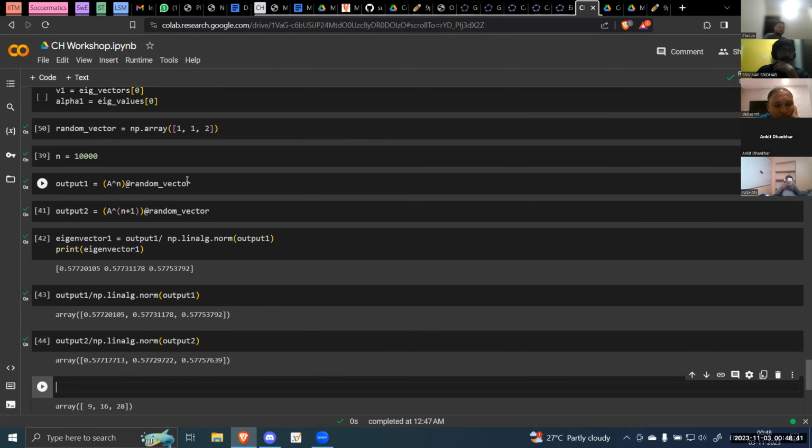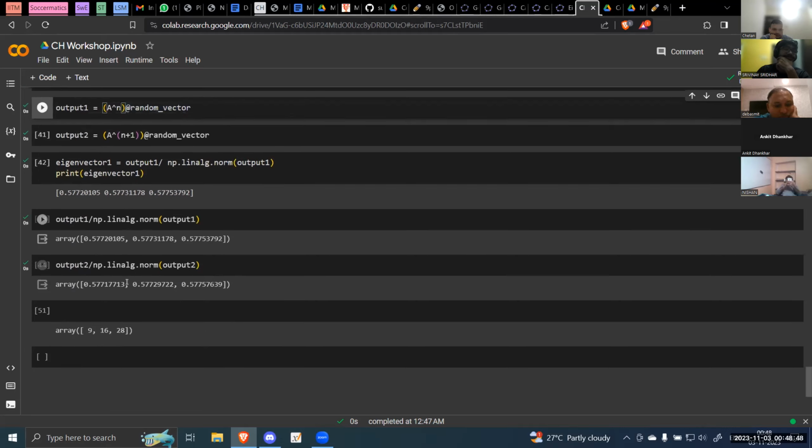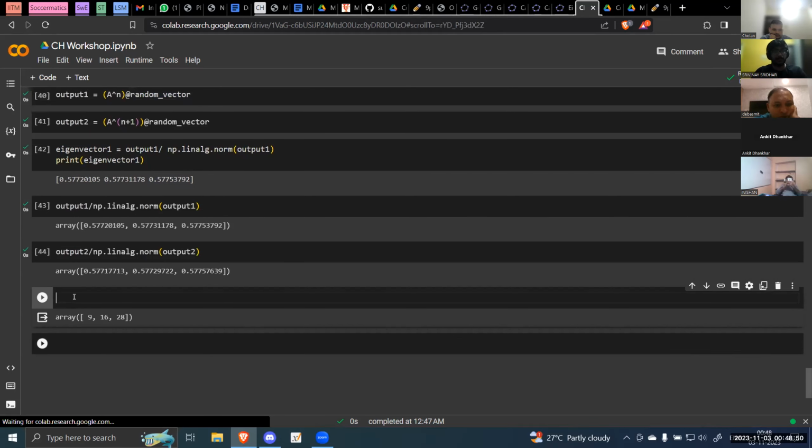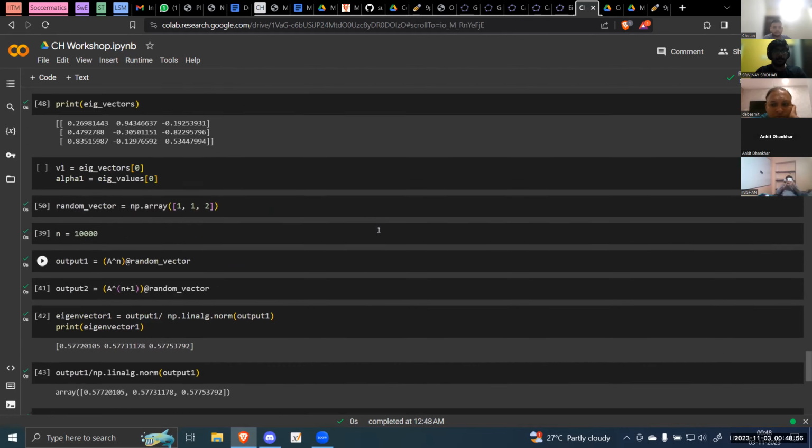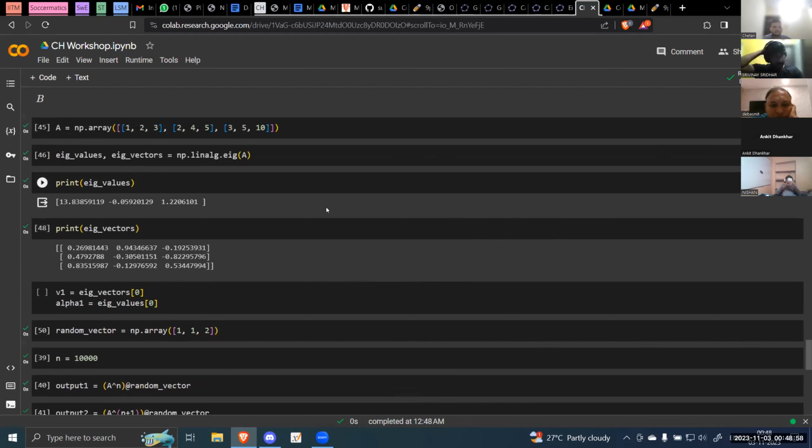So when I do A power n at a random vector, is the matrix containing all the transition probabilities? No, we're not exactly working with Markov.